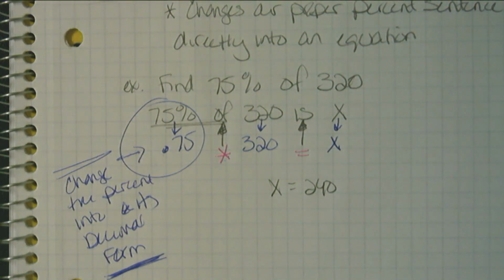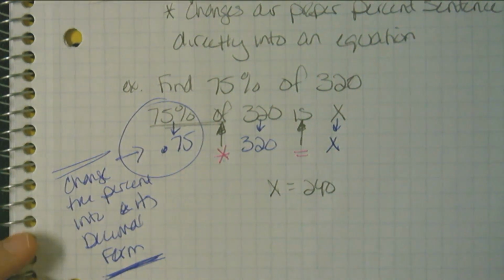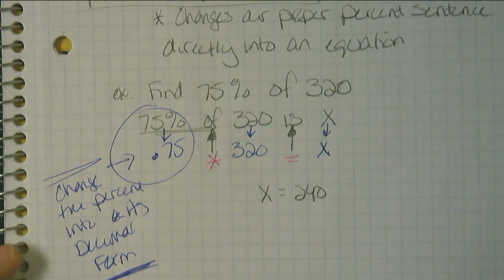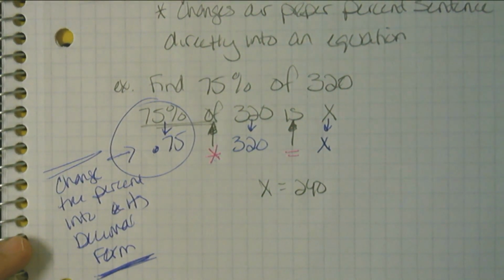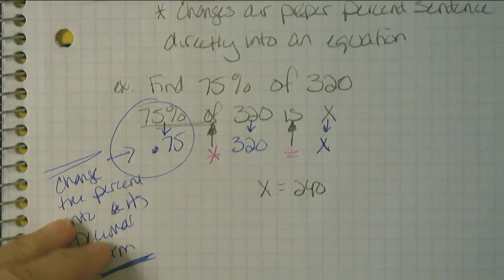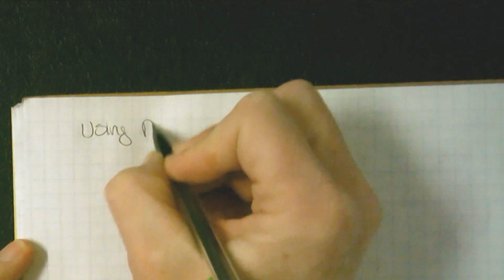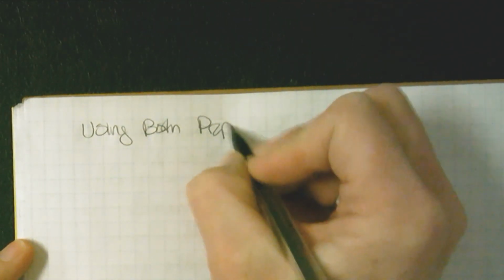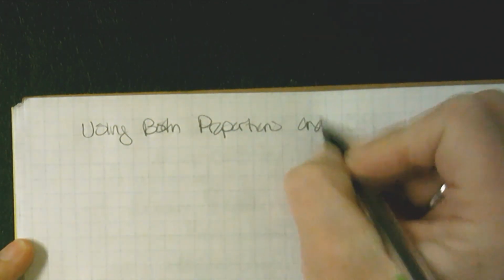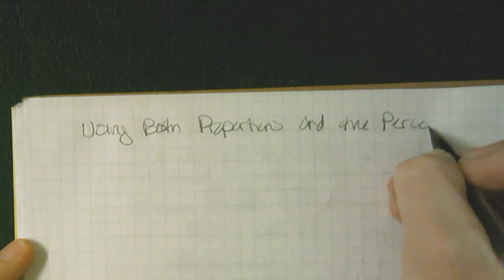All right, let me give you a couple more to practice on. I want you to do both proportions and equations for both of them, for the ones that I'm giving you, okay? So I want you guys to practice both. Raise your hand if you need to see what's up there. All right, so you make that direction using both proportions and the percent equation.